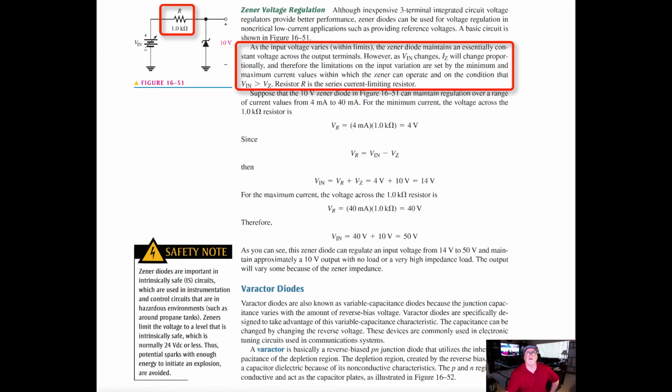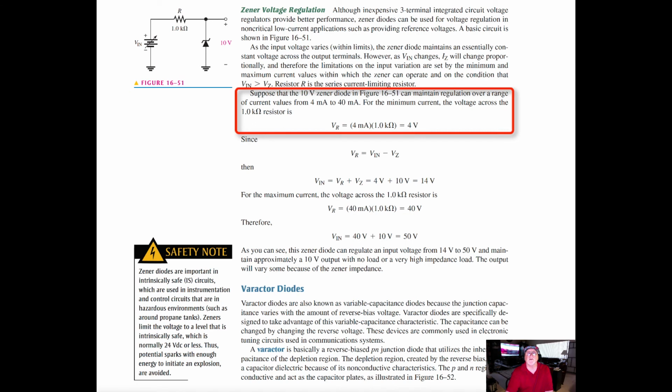Resistor R in the diagram is a series current limiting resistor. Suppose that a 10 volt Zener diode in that figure can maintain regulation over a range of current values from 4 milliamps to 40 milliamps. For the minimum current, the voltage across the 1K ohm resistor is 4 milliamps times 1K ohm, which is equal to 4 volts.